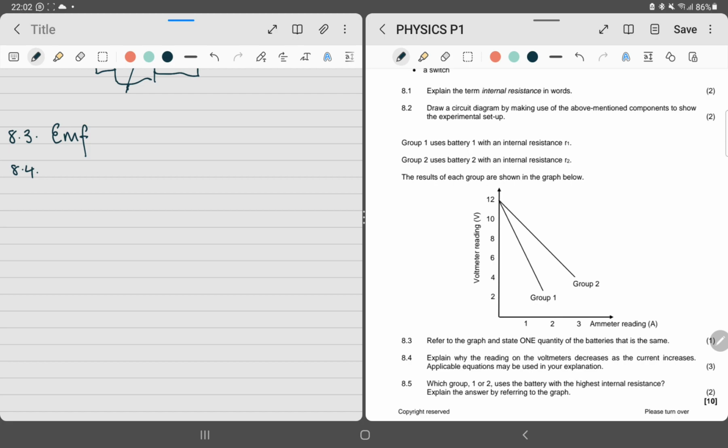Explain why the reading on the voltmeters decreases as the current increases. Use an applicable equation for the explanation. We will use this equation.